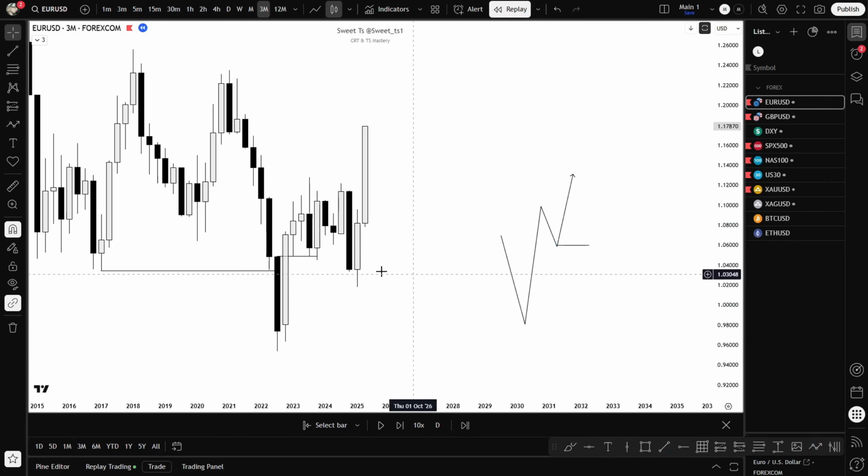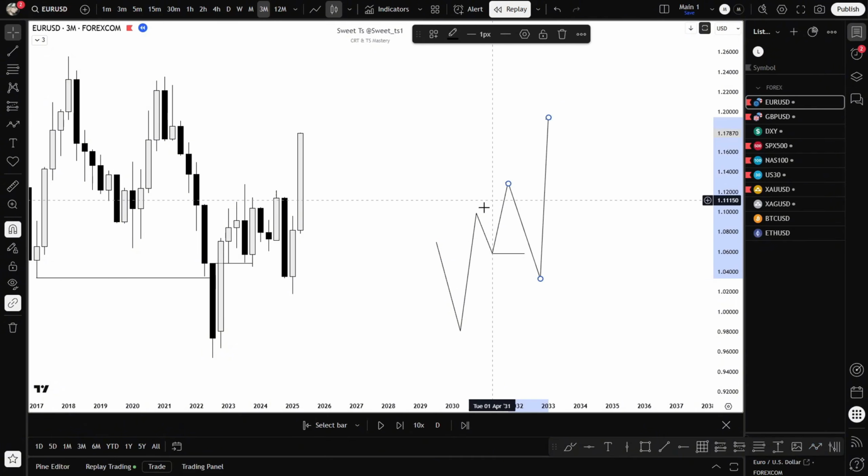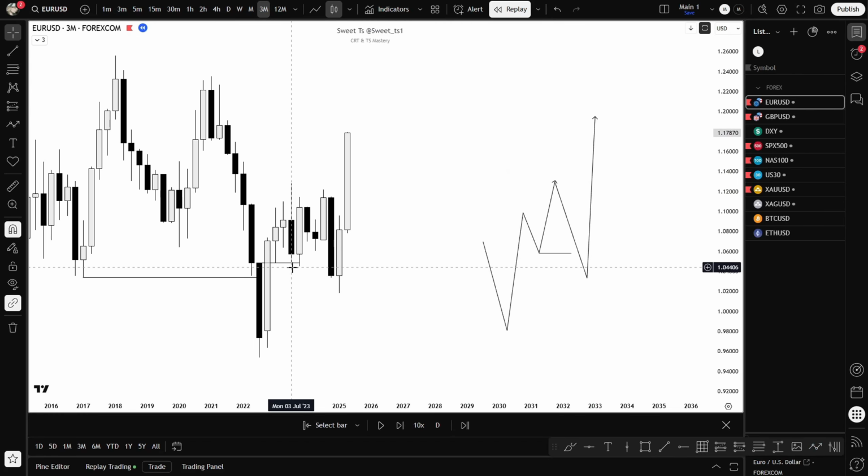So since we are bullish, we expect a higher time frame low to be created on 3-month charts, then expansion, then probably the soup or another high into another expansion, right? And this is basically what happens here.